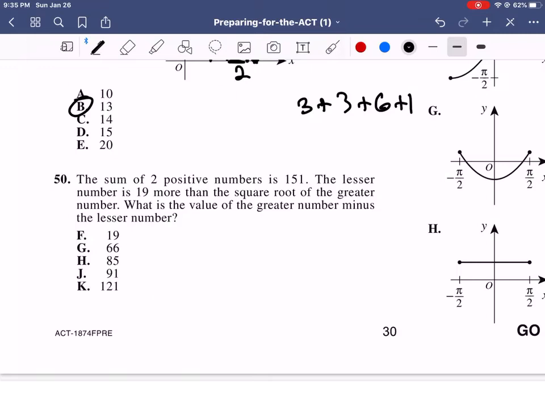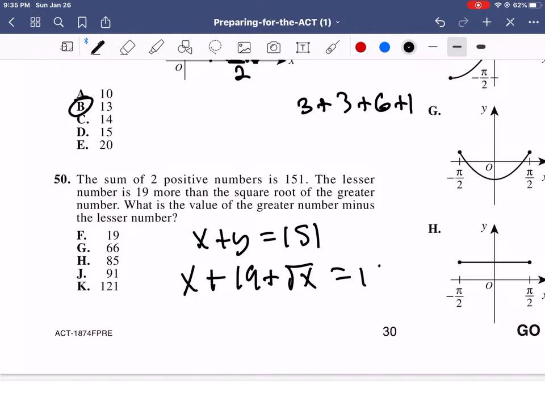The sum of two positive numbers is 151. The lesser number is 19 more than the square root of the greater number. So what is the greater number minus the lesser number? I would say x plus y equals 151. y is 19 more than the square root of x. So x plus 19 plus the square root of x equals 151.